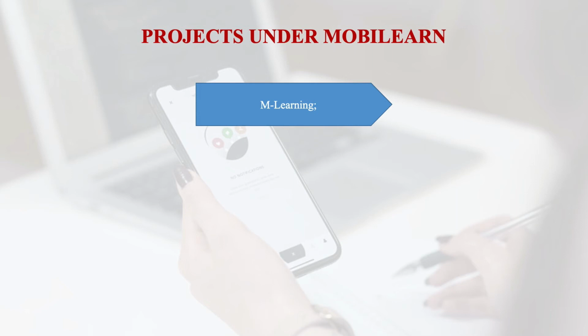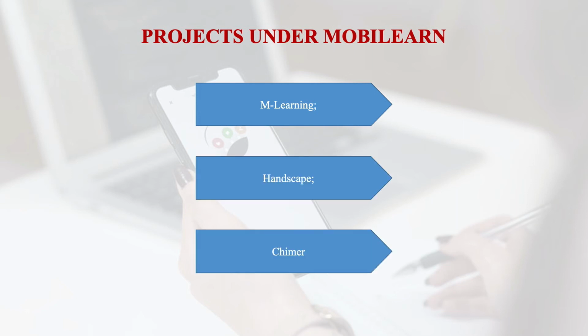Ultimately, the objective is to create such applications that will be very useful in the mobile environment, and these applications should be in a reusable mode. The projects under MobiLearn are mLearning, Handscape, Chimer. These are the projects that are undertaken under the MobiLearn project.